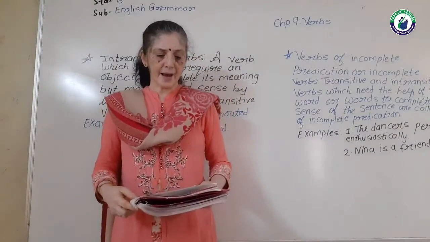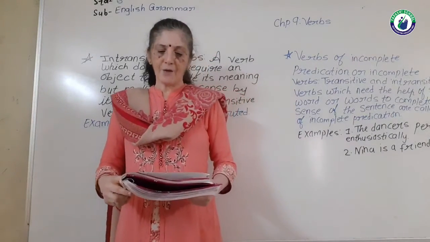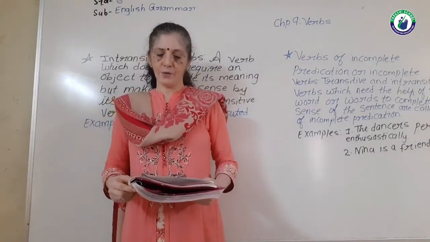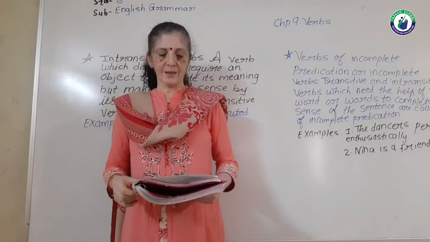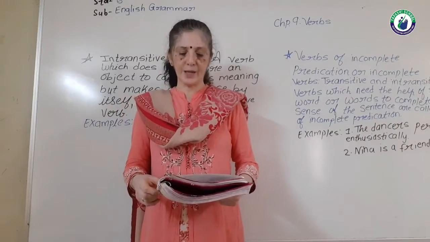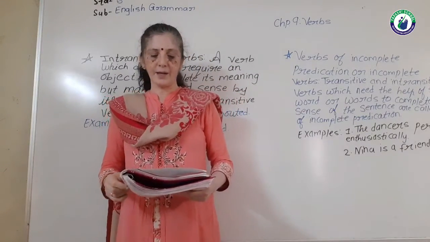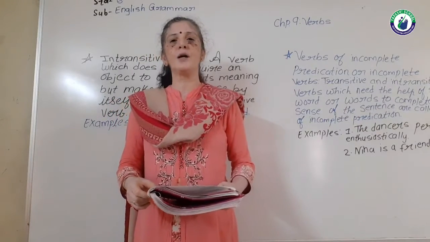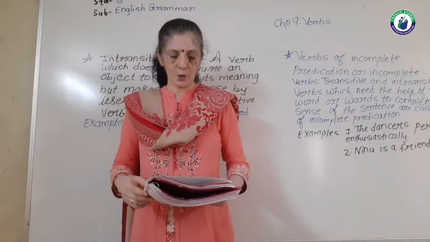And the next is the auxiliary or helping verb. Forms like be and have. The verb be can be used as is, are, am, was, were, and the verb have can be used as has, have, will have, shall have, and do, does, did, and can as could.